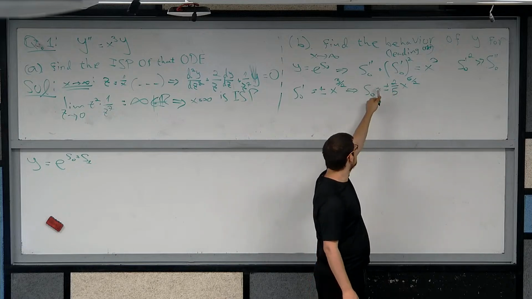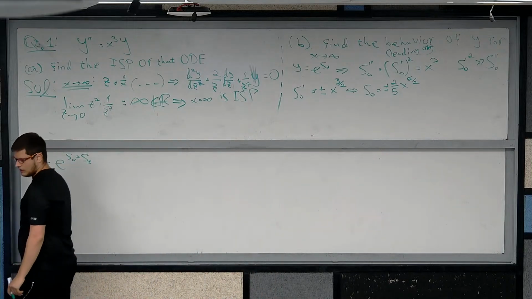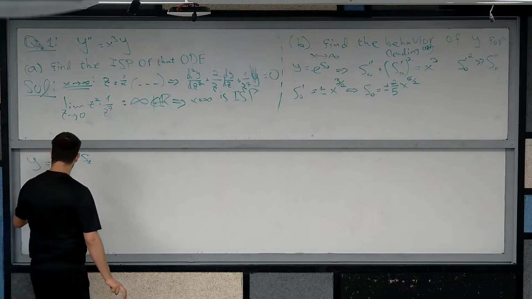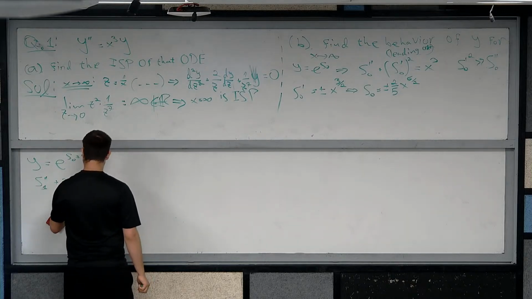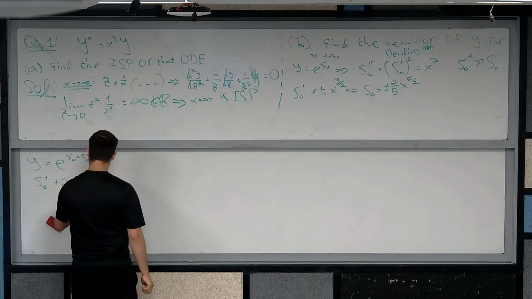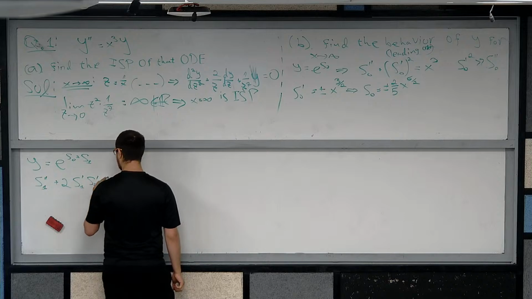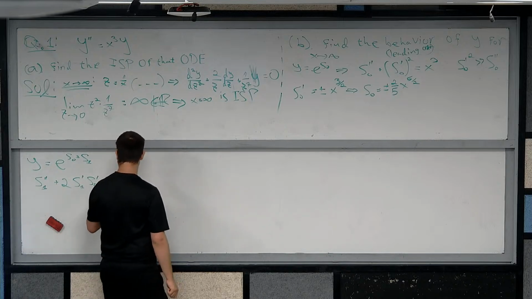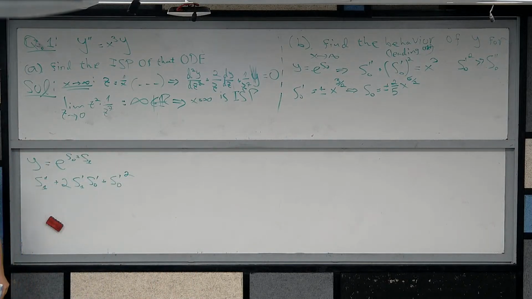We can just substitute instead of S0 plus S1, and after simplification we will get S1 double prime times 2S1 prime S0 prime plus S0 prime to the power of 2, and I think it will be equal to 0.